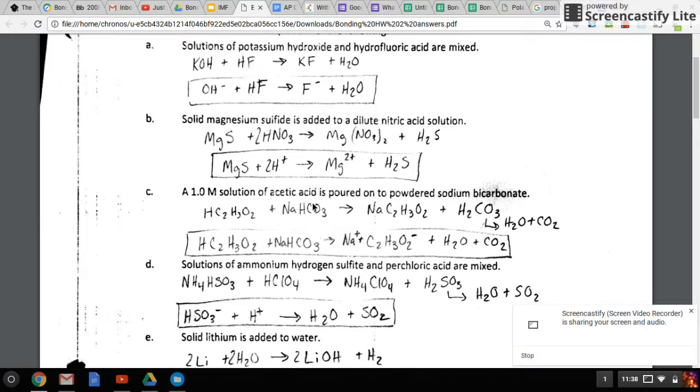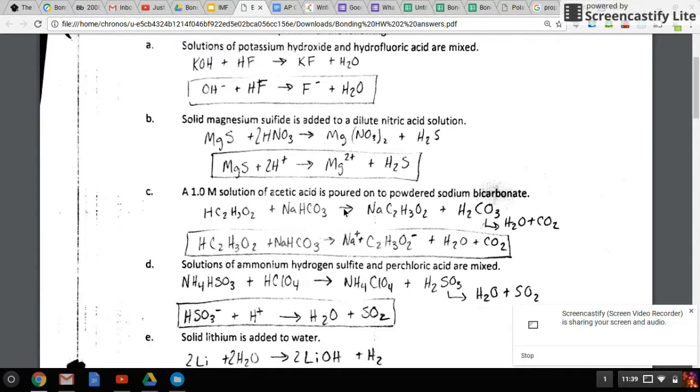1C, we have acetic acid poured into sodium bicarbonate. This is the acid-base reaction that you would do, or at least, anyway, the reaction that you would do in a volcano, like in the 3rd grade. So you have your acetic acid. It is a weak acid, so of course you don't split that up. Sodium bicarbonate, or sodium hydrogen carbonate, is another name for that.